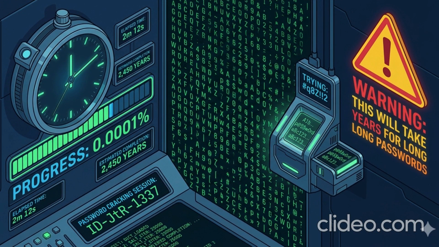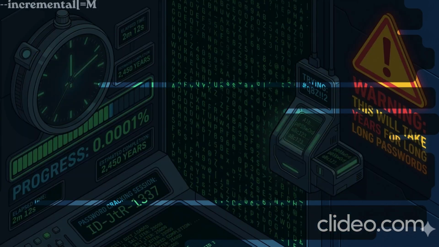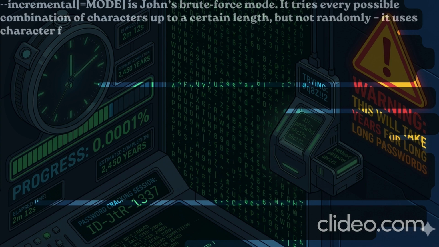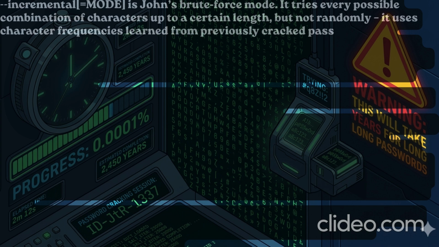--incremental=mode is John's brute force mode. It tries every possible combination of characters up to a certain length, but not randomly. It uses character frequency learned from previously cracked passwords. For example, E is tried before Z, and common digraphs like th are prioritized.